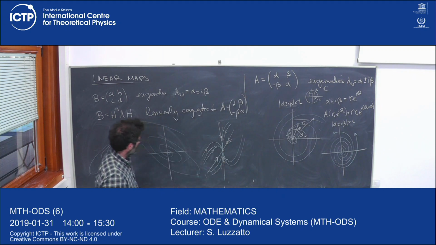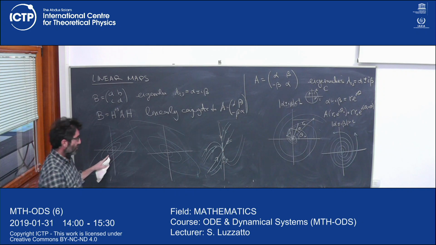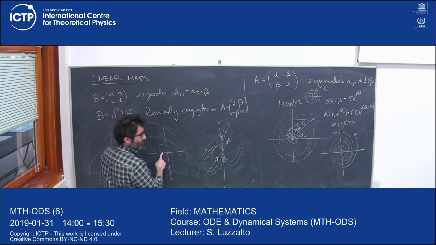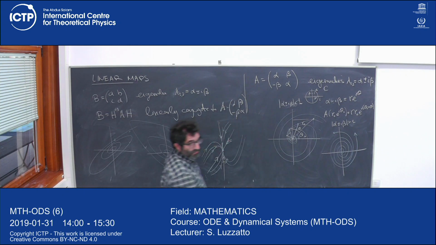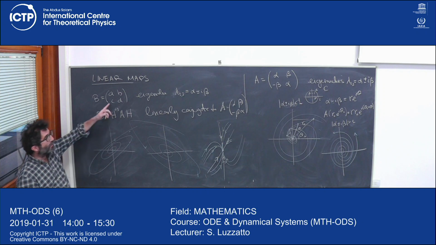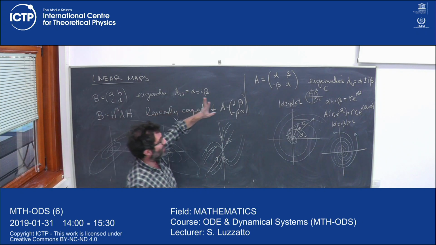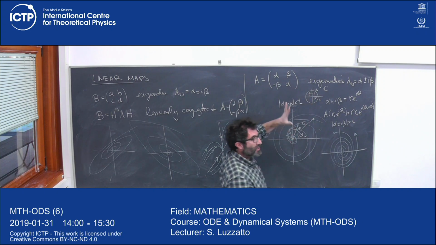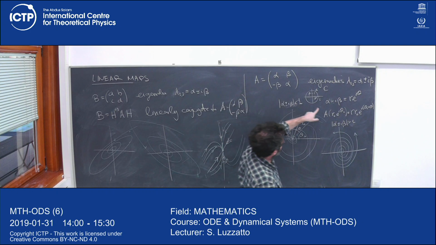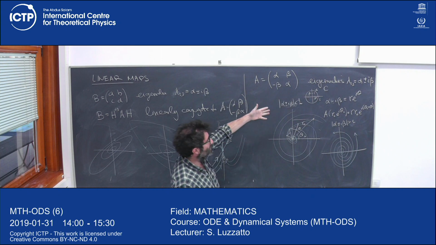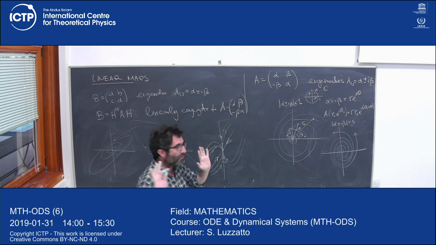So, are these two conjugate, supposing that they're contracting in both cases? Is this conjugate to this? In the complex eigenvalue case, if these eigenvalues have norm less than 1, so again here 1, if these eigenvalues are on the unit circle, this gives some problematic situations because R in this case will be equal to 1. I forgot to say it, I'm always looking at the so-called hyperbolic situation.